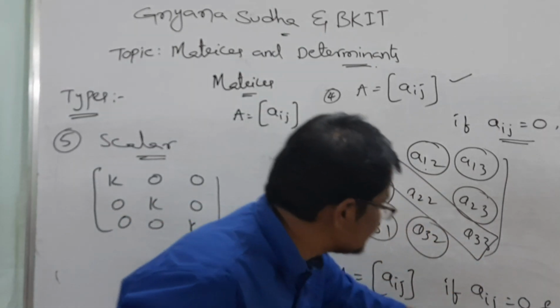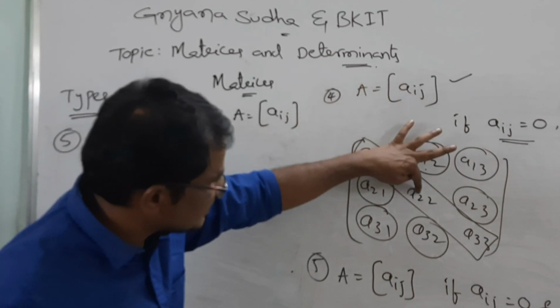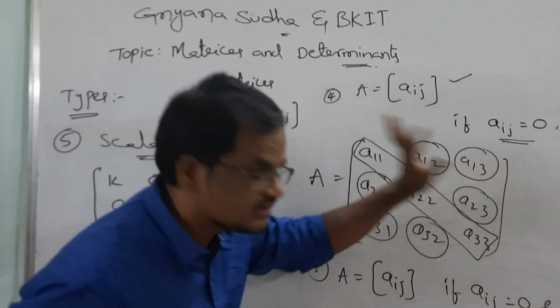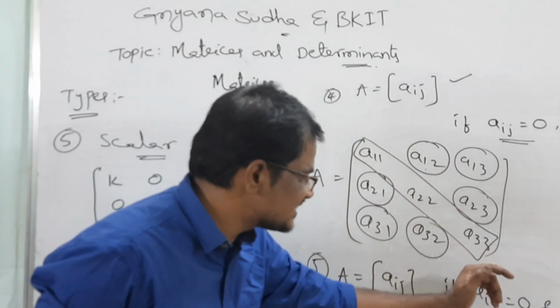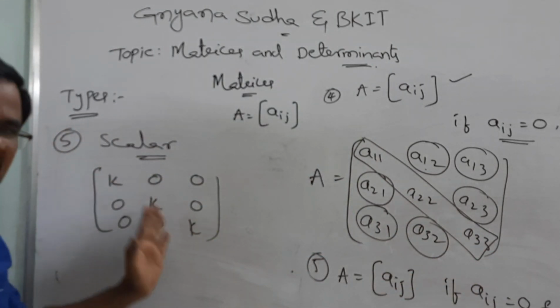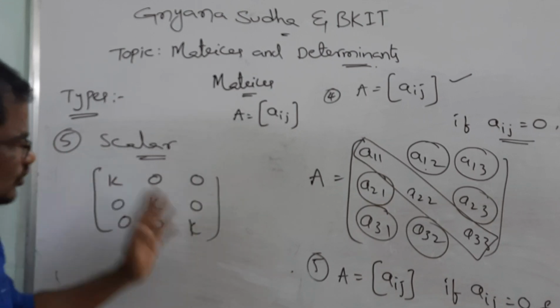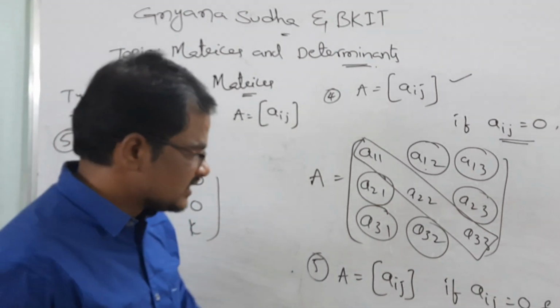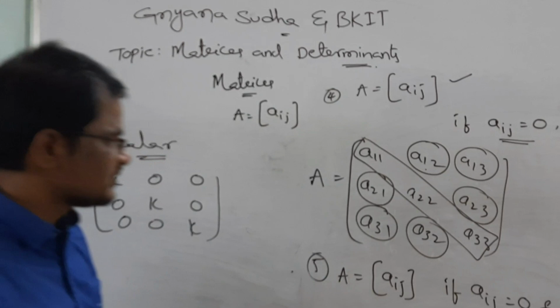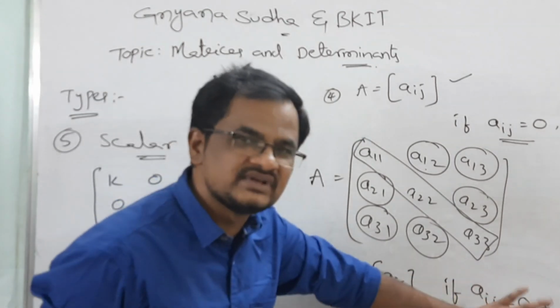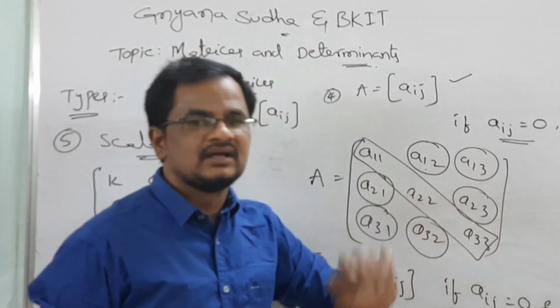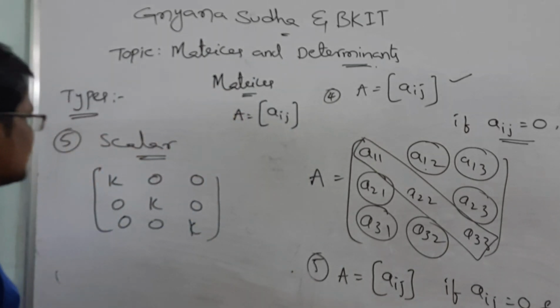Whenever i equal to j, here i equal to j, here also, here also, so that's why here the same k, or any constant, you can take. These three are the same, meaning the principal diagonal elements, whether 2 by 2, 1 by 1 or 3 by 3, for i equal to j. So this is also one of the definitions of the scalar matrix.